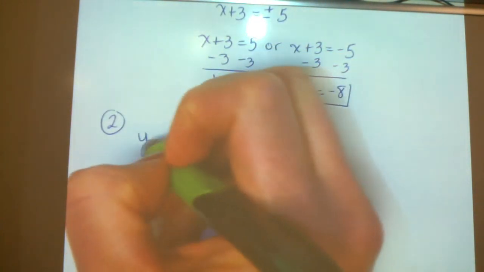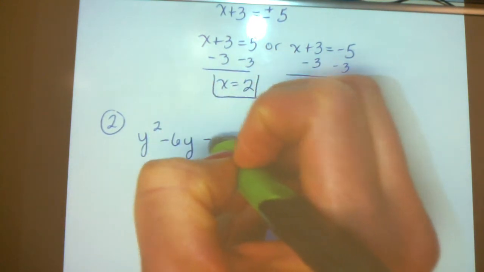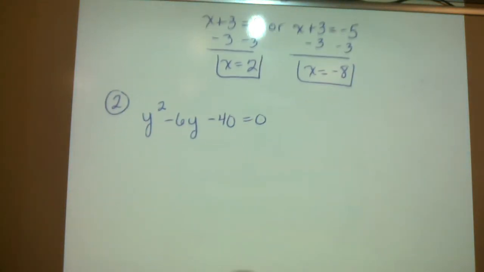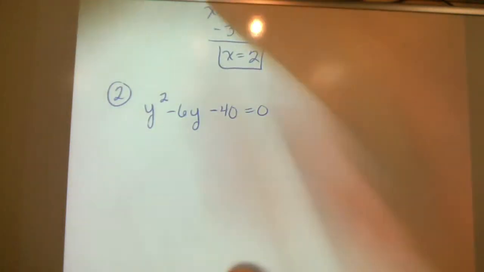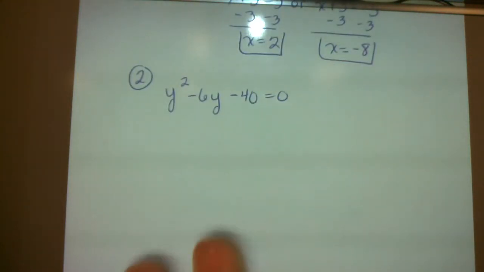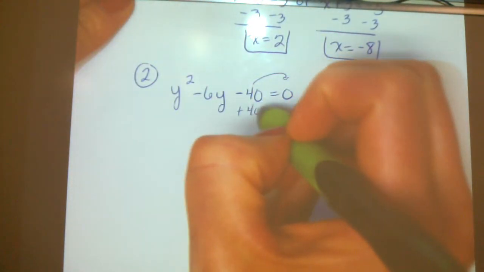I've got y squared minus 6y minus 40 is equal to 0. Now keep in mind, even though it says y, we're still looking to see where that graph hits the x-axis. All right, let's move that 40 over. I'm going to add 40.